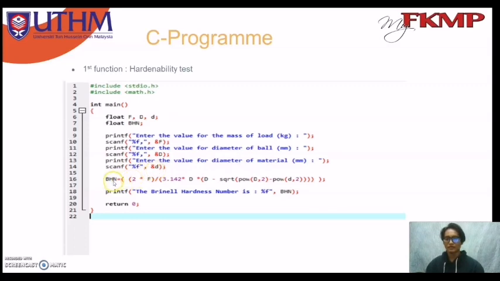The calculation for BHN is 2 times f over pi times D times capital D minus square root of capital D square minus small d square. Finally, we print the final output, which is the Brinell hardness number is %f BHN, return 0.